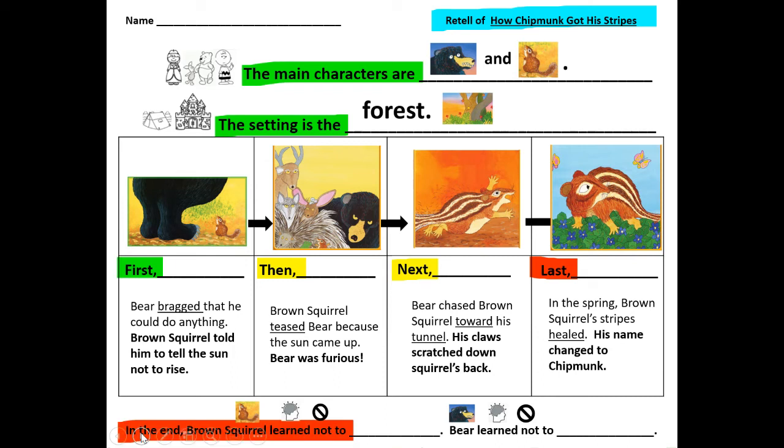In the end, Brown Squirrel learned not to. What did Brown Squirrel learn? He learned not to, it's one of our vocabulary words, not to tease. And Bear learned not to brag. So now that we've reviewed the story out loud, now we're going to write 4 sentences to retell the story. It's the end of our review.